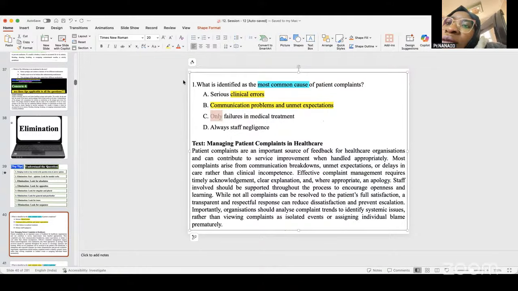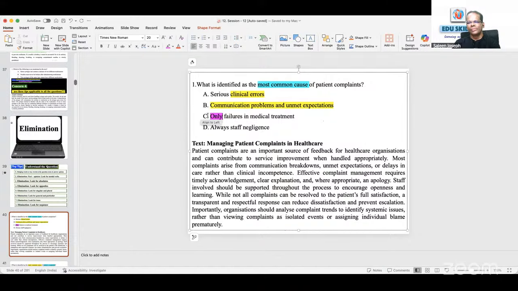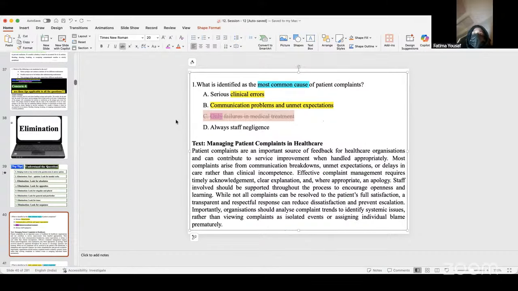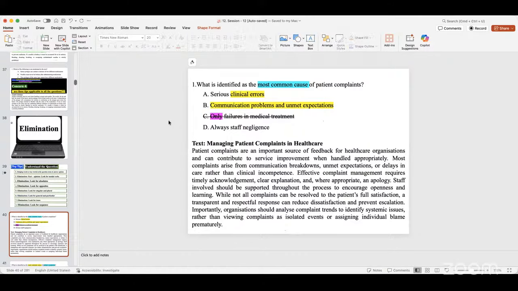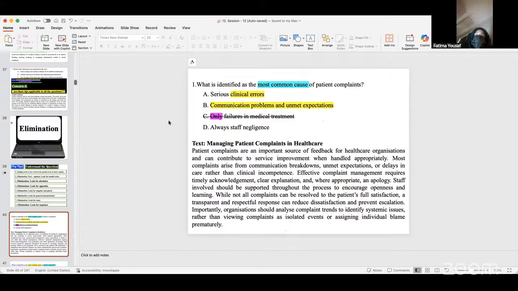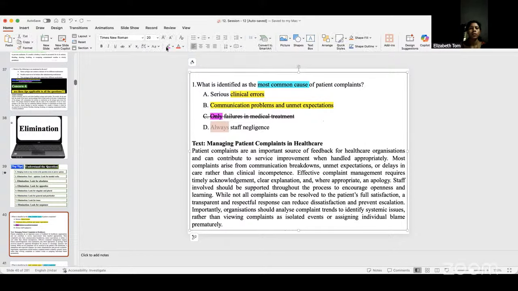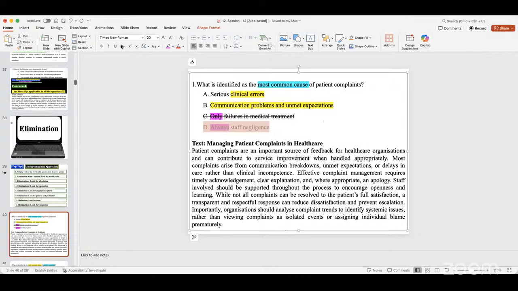Only is an absolute, so eliminate. Option D, always staff negligence. Staff negligence. Absolute. Eliminate. The answer is B because there is an "and".